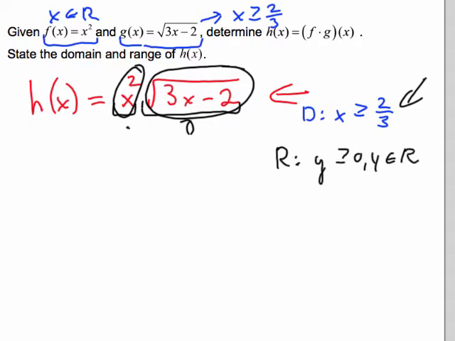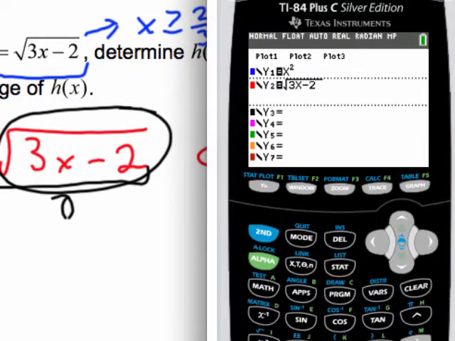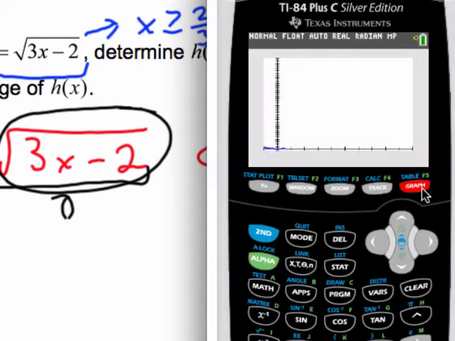Okay, again, I stress it's not always so simple to figure out a range like that. Let's take a look at what this looks like on the calculator. Original function 1, original function 2, and my new function from 0 going up.